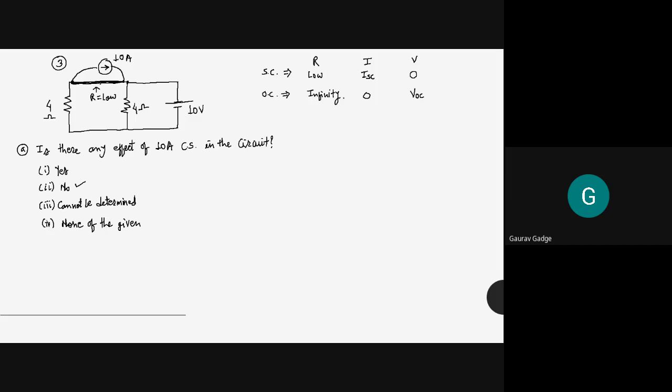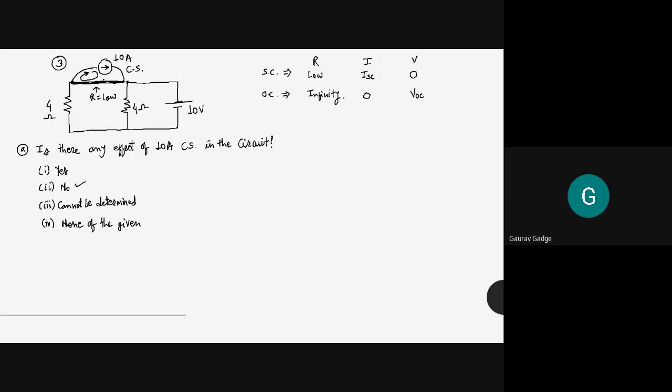Now which element of this circuit is shorted? The current source is short circuited. So if the current source is short circuited, the 10 ampere gets a very low resistance path, and this becomes a loop.